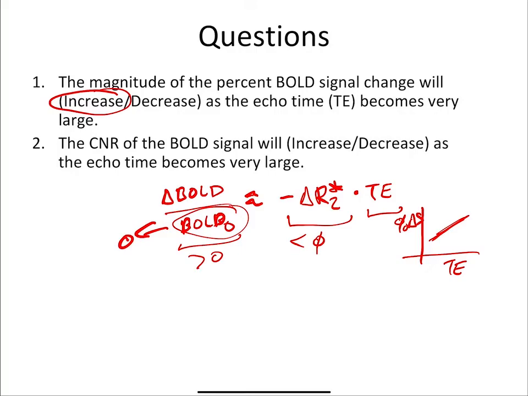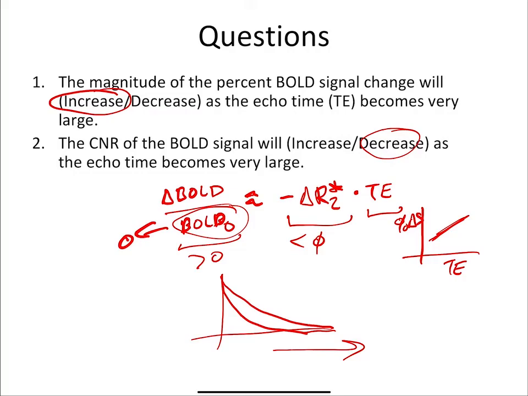For the second question, there were 38% that said increase and 63% that said decrease. The correct answer is decrease. Okay, so at least we had the majority with the correct answer. And once again, think about it this way. If I have two signals decaying at different rates, if I wait too long, as the echo time becomes very large, at some point they're both going to go to 0.